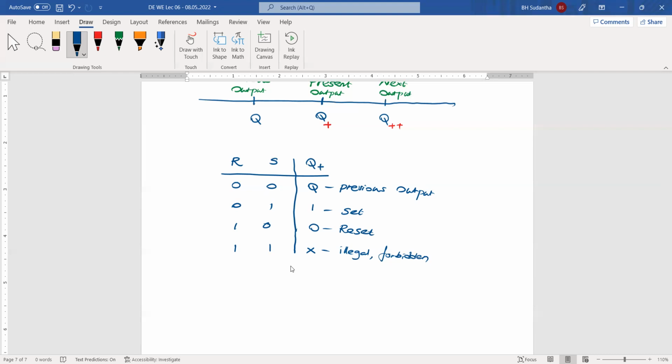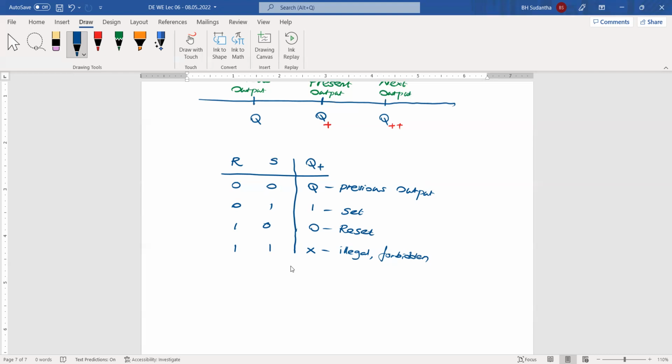With this truth table, you can see this RS flip-flop has only 2 inputs. Having 2 inputs means we have only 4 combinations, but even with 4 combinations, we cannot use 1 combination. The last combination we cannot use.